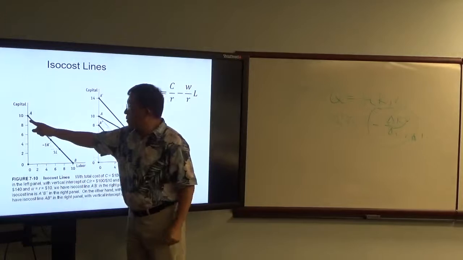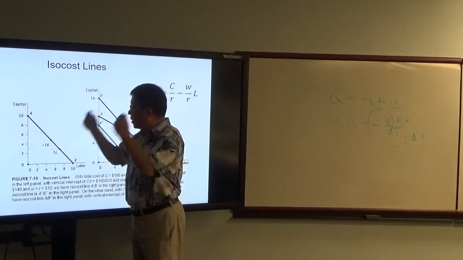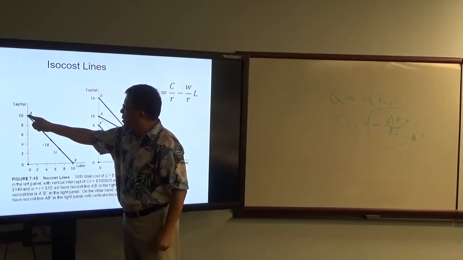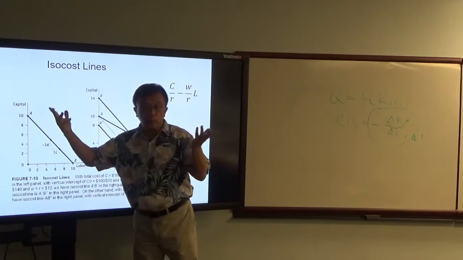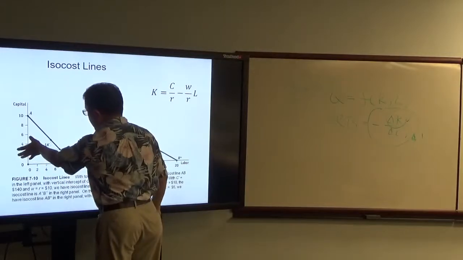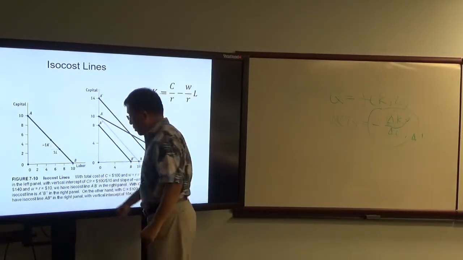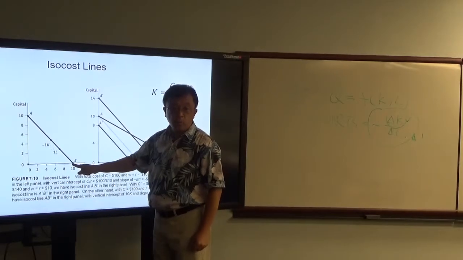The price of capital is also $10. So you can see in this case, if you spend all the money on capital, you can have 10 units of capital, right? Because the total budget is $100. $100 divided by the price of capital $10, that's 10 units. If you use all the money to hire workers, then you can hire 10 workers.